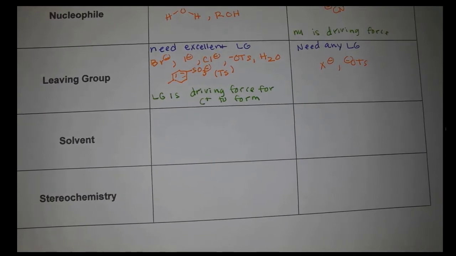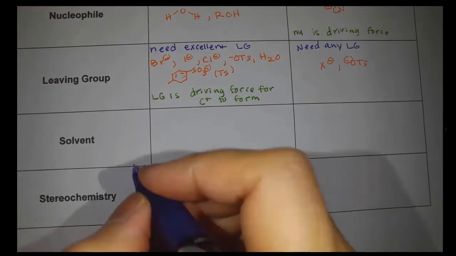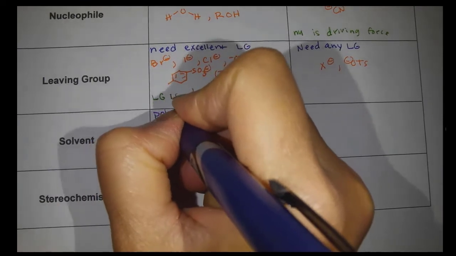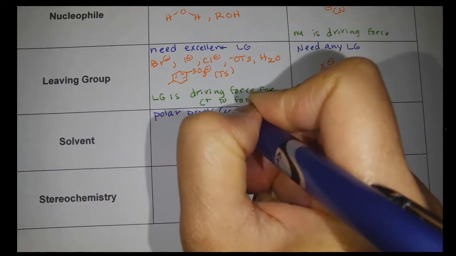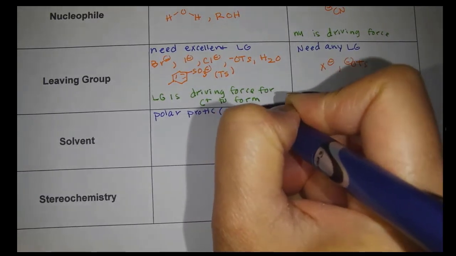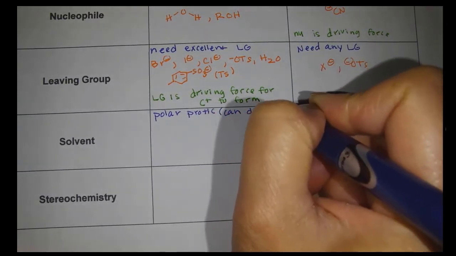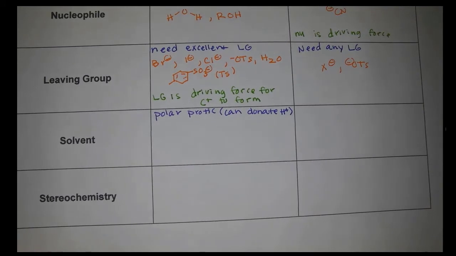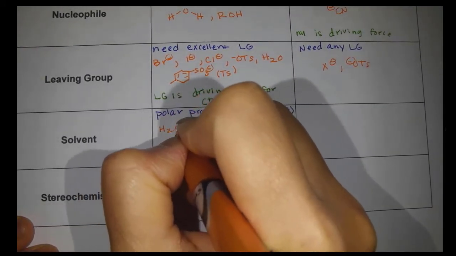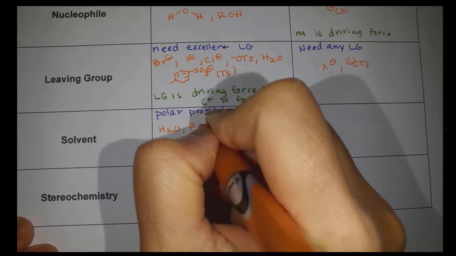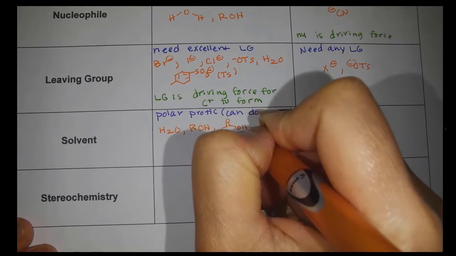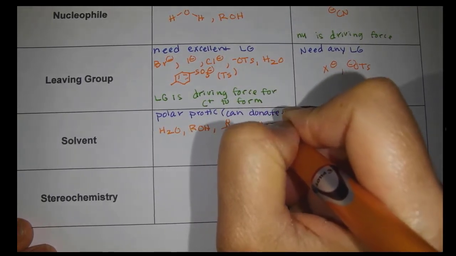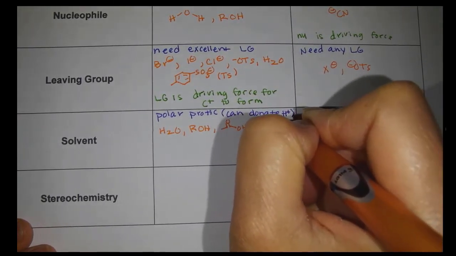All right, the solvents for an SN1 are polar protic, which means they can donate a proton, that H+. These solvents are water and alcohol, so ROH. Or you can have acetic acid, which can be written CH3CO2H.